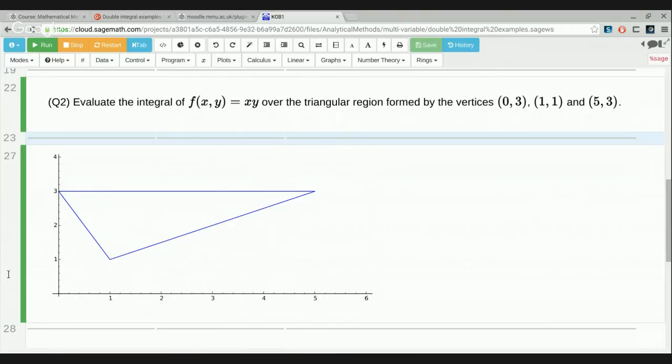We've got the integral from 1 to 3 dy. Integrating this x times y with respect to x, this is going to be 1/2 x squared y. And then that gets evaluated at, remember these are limits for x. It can often help to put down x here. x equals y minus 3 over minus 2, and the upper limit is x equals 2y minus 1.